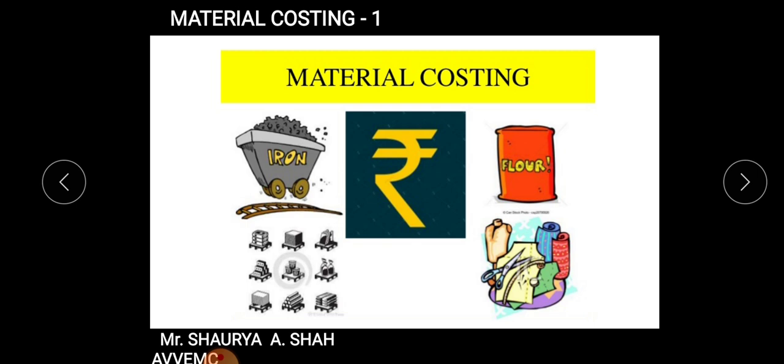So again, why material costing is important, students? In any manufacturing organization, the cost of raw material, I can say, is having an average of 35 to 40% of total cost. Suppose my total cost is 100 rupees, I assume 30 to 40 rupees is for my material only, right?